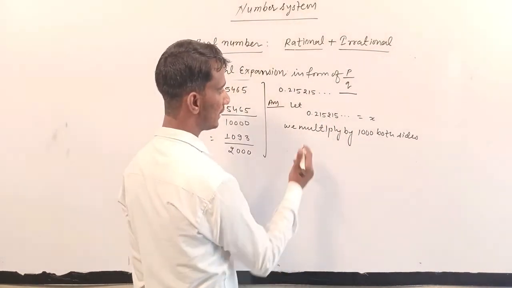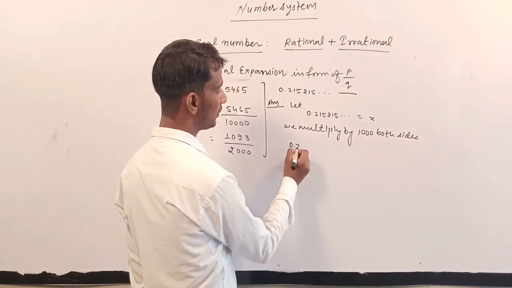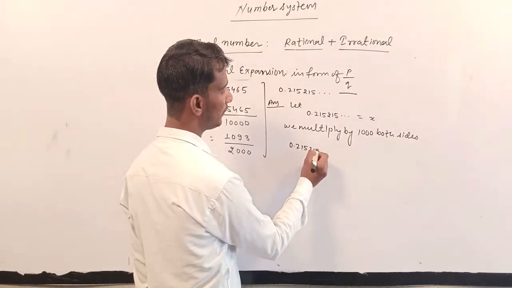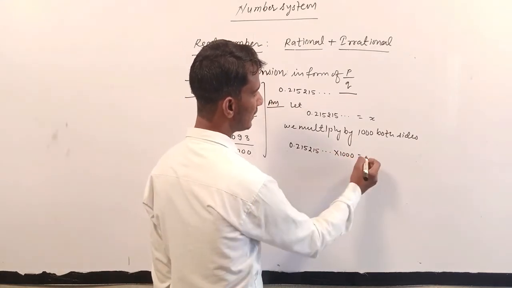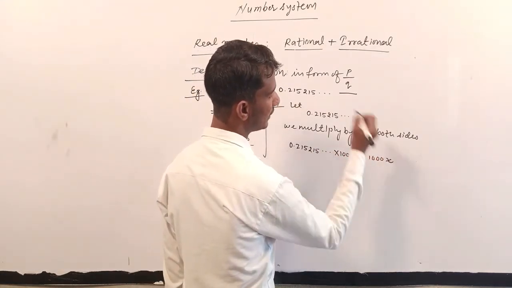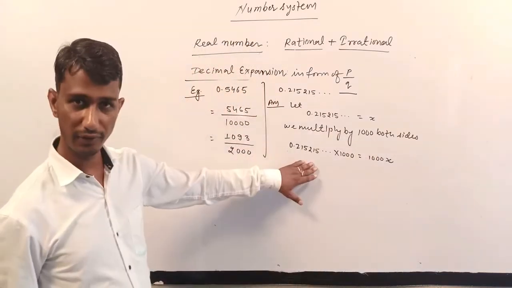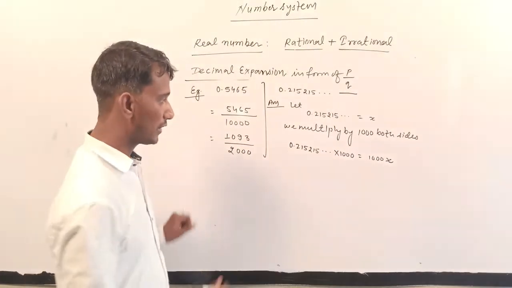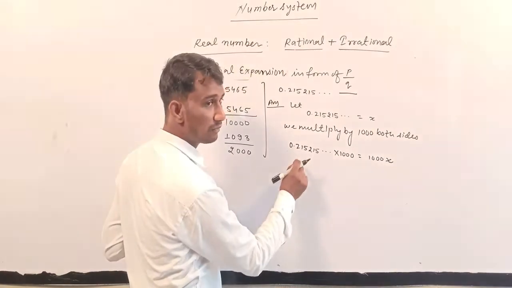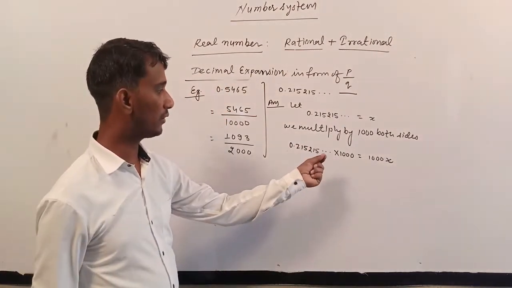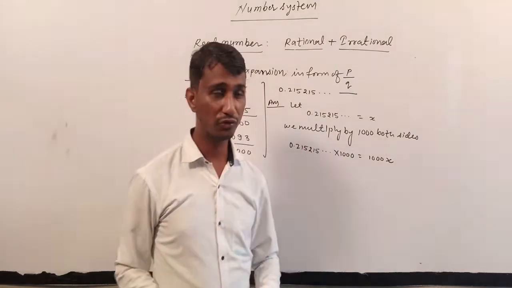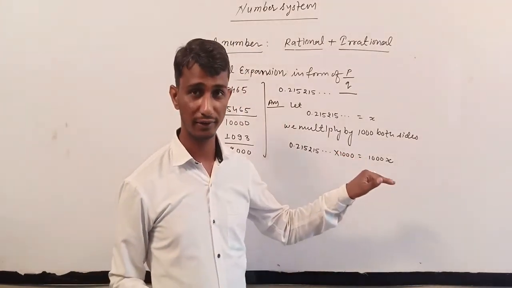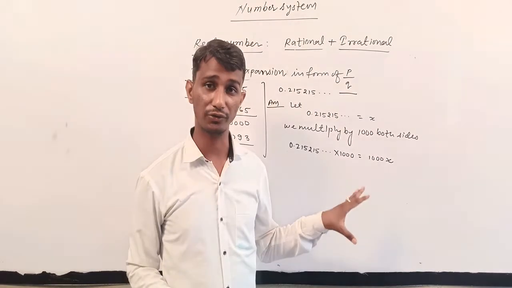After the multiplication, what is the product? You know that 0.215 repeating multiplied by 1000 on the LHS and also 1000 on the RHS. Now find the product. If we multiply any decimal number by a whole number that has zeros, the decimal moves forward according to the number of zeros.